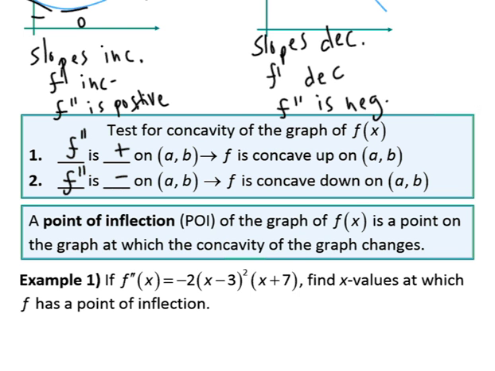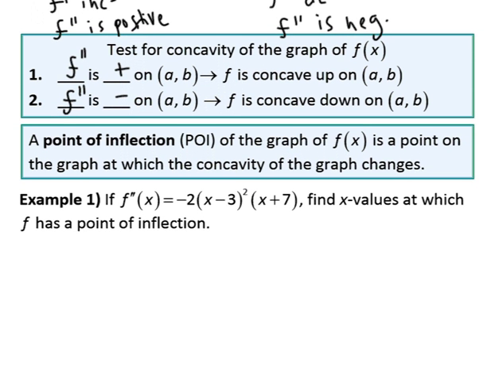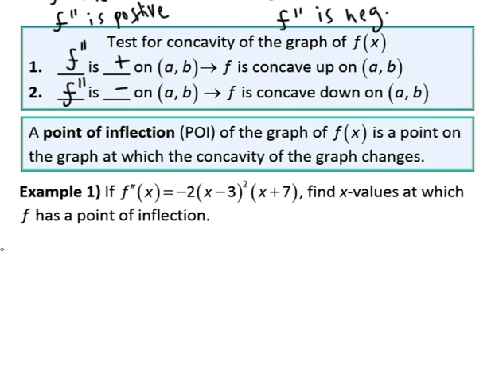All right, so when we talked about f prime, when f prime changed signs, we had a minimum or a maximum occur there. So when we have f double prime changing sign, what we have is called a point of inflection, or we could shorten that as POI.